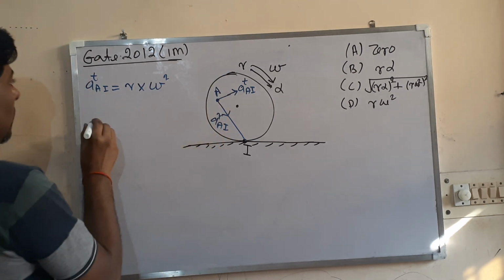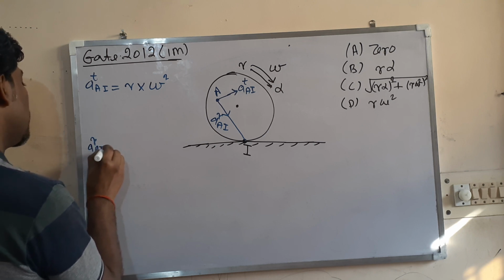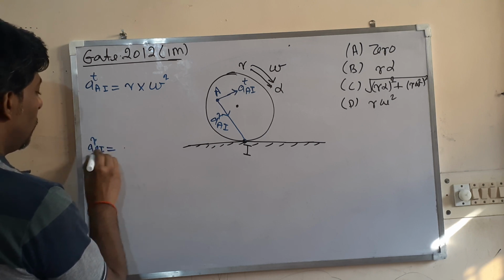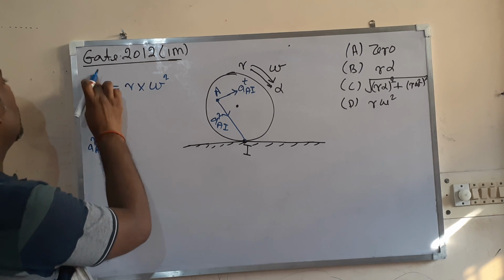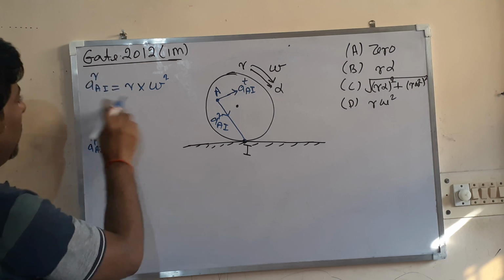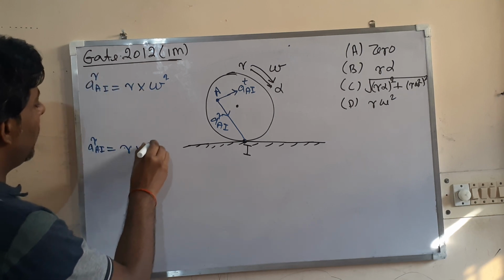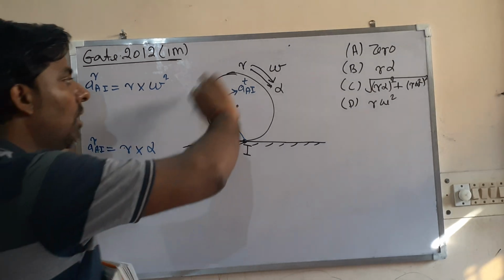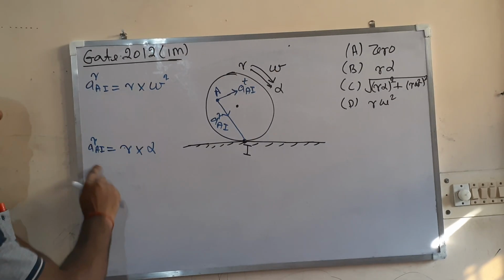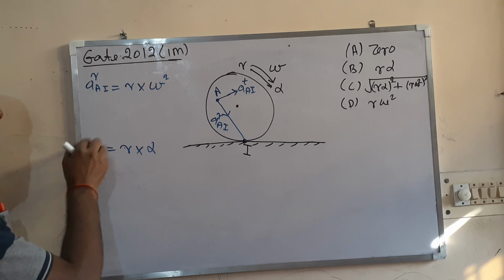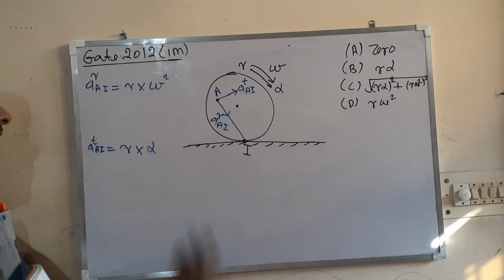Very good. Then what will be the a_R of A with respect to I? The radial one is equal to R omega square. The tangential is equal to radius into its angular velocity. This is the radial, R omega square, and this is the tangential, a_T of A with respect to I, R into alpha.